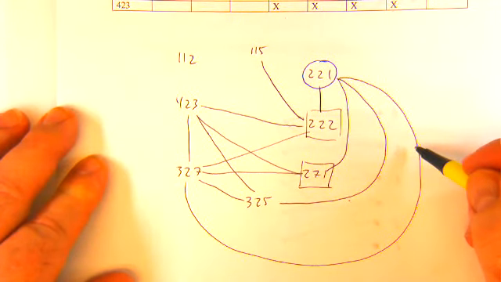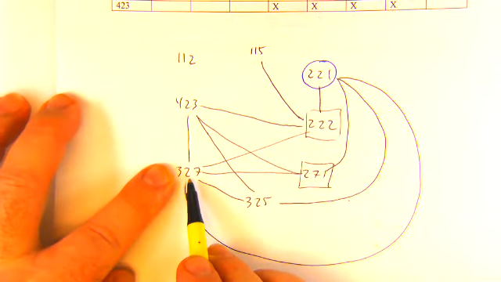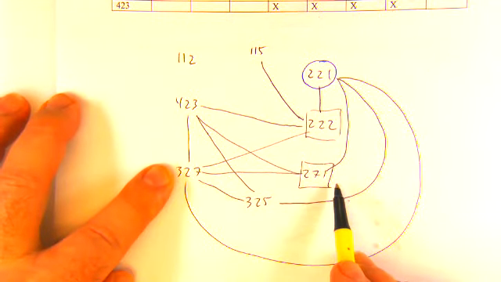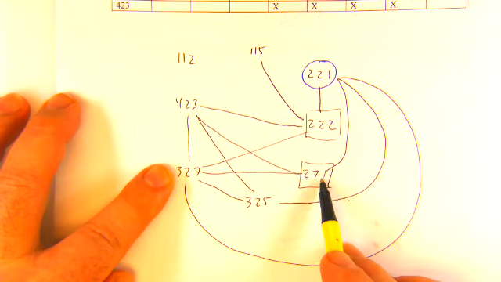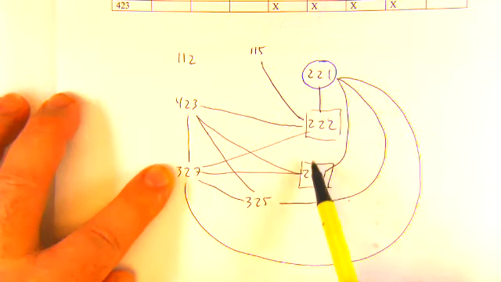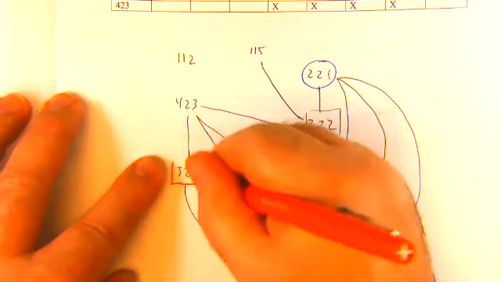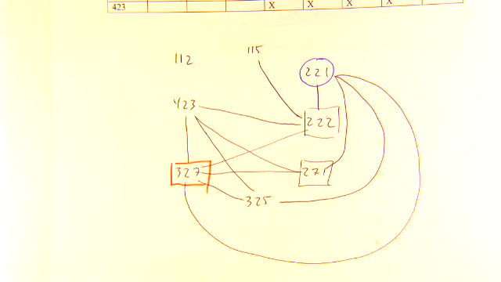And then 327, I'd like to make 327 black, but I can't make 327 black because it's connected to 271 and to 222. These are both already black. So 327 can't be blue because it's connected to that. It can't be black because it's connected to that. So we need a third color. We'll make 327 red. Okay, and so that deals with everything connected to 221.